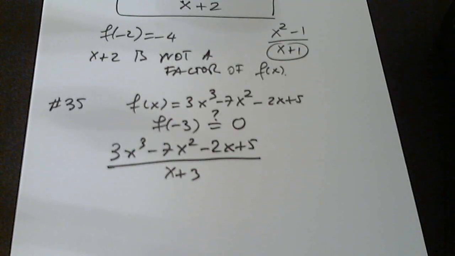Good. We punch in 3x cubed minus 7x squared, and minus 2x and plus 5.